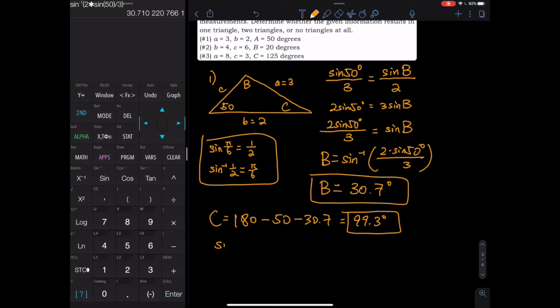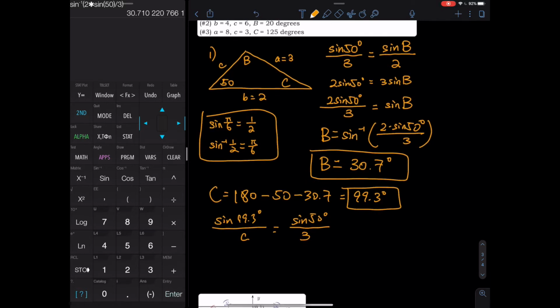So we have sine of C divided by small c equals sine of, let's use the 50 degrees, divided by 3. And then you do the cross multiplication. So 3 times sine of 99.3 degrees equals c times sine of 50 degrees.